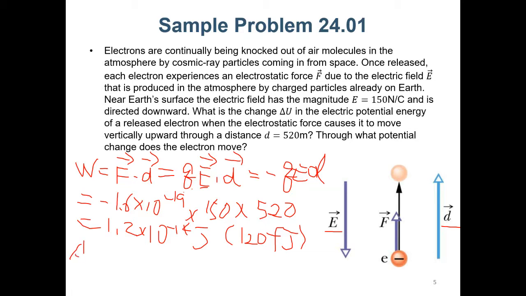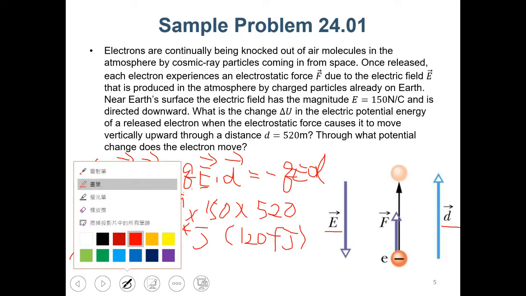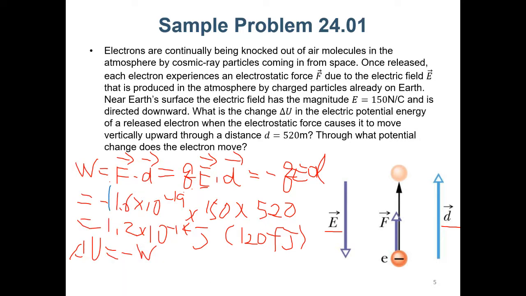So delta U will be minus W. Well, okay, this one here should have another negative sign because an electron is a negative charge.